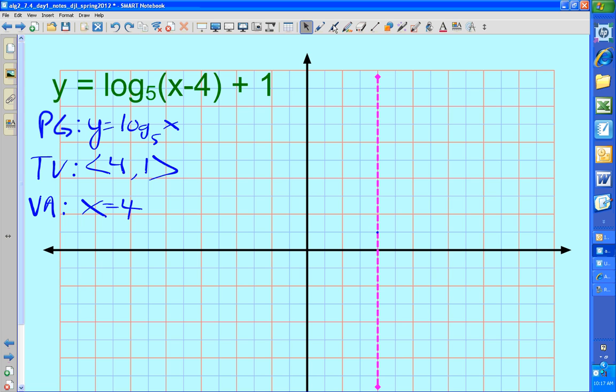Ellie, give me one of the points. Right 1 over 5, down 1. Right 1/5, down 1. And again, 1/5, 1/6, it's little. Just get close to the asymptote. Don't get all fired up over having the exact location of 1/5 on this.